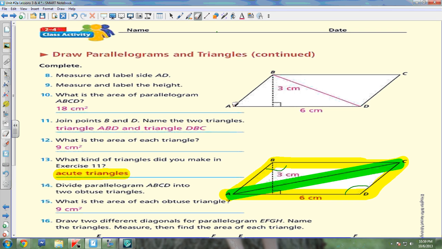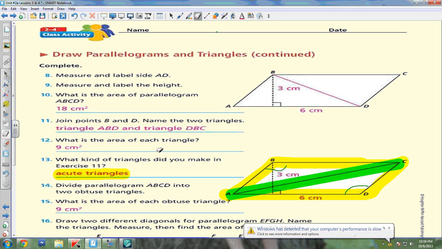Name the 2 triangles. Well, then you have triangle ABD and triangle DBC. And then to find the area of ABD, it would be 1/2 the base times the height, so it would be 6 times 3, and half of that would be 9.